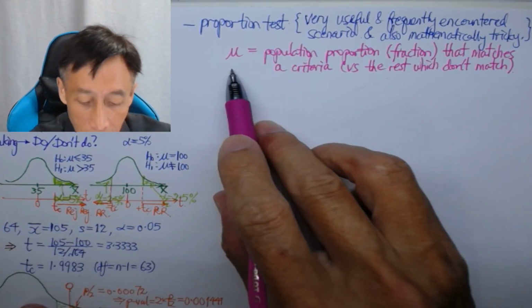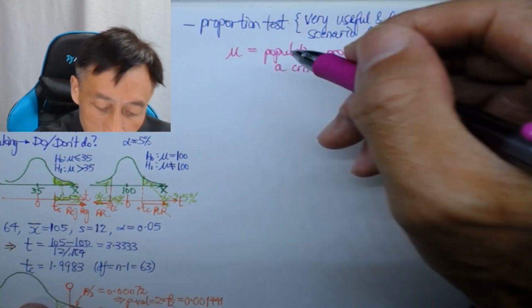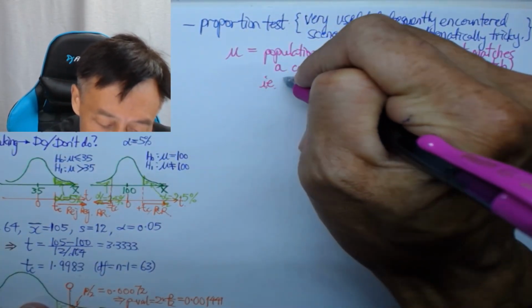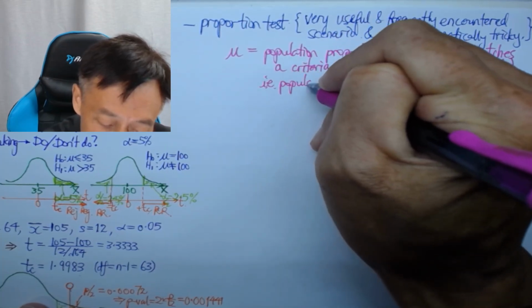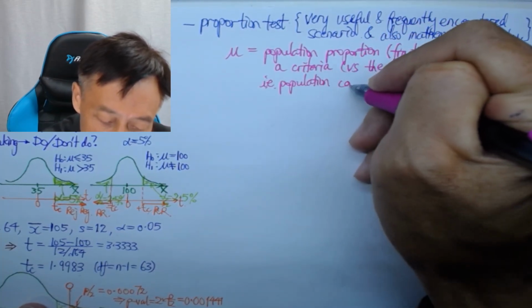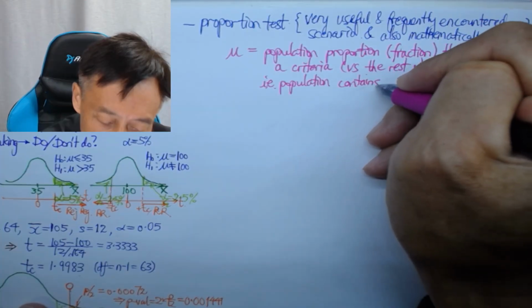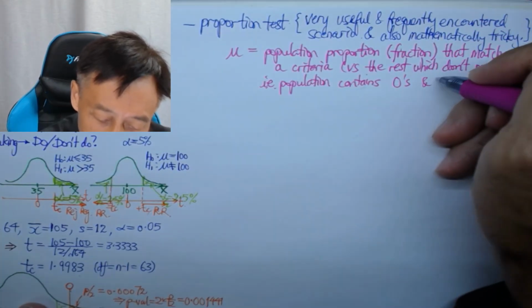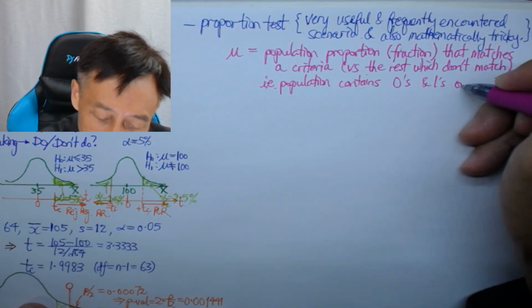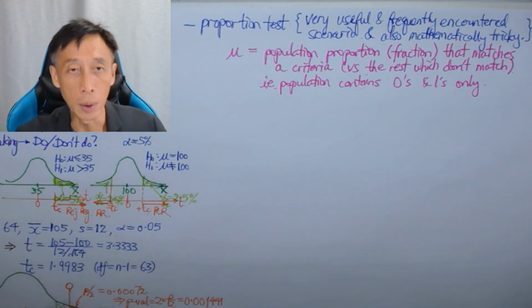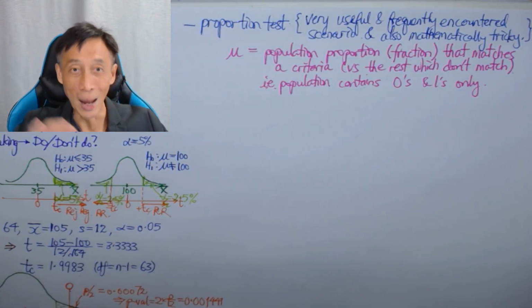So in this population, the population contains zeros and ones only. All right, remember our population is a kind of a bag of numbers, right?